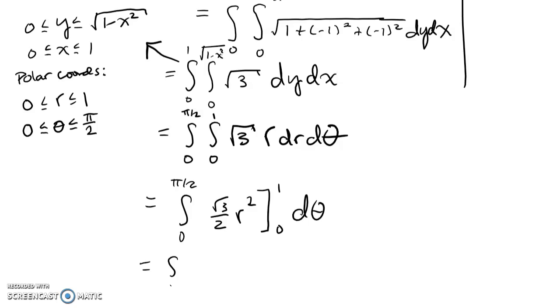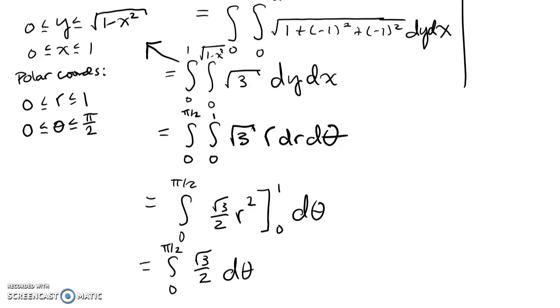So then we're going to get the integral 0 to pi over 2. We're going to plug in 1 and just get square root 3 over 2, and then subtract off plugging in 0, which just gives 0. So we just have square root 3 over 2 as our integrand.